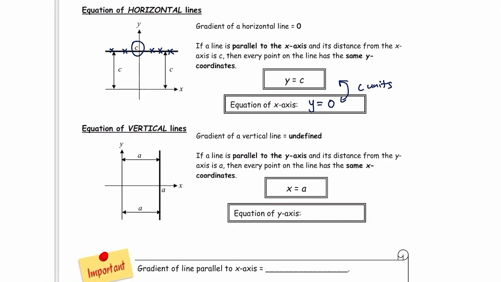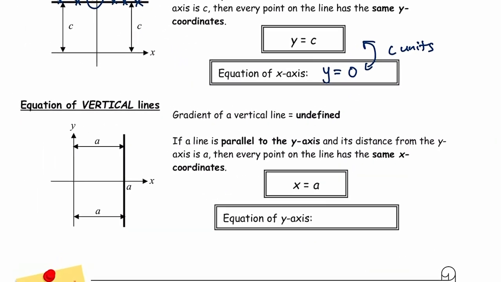Alright, and next we have also the equation of a vertical line. So you can extend your understanding of the previous part to this and say that, okay, now we have a vertical line whereby anywhere along this vertical line has the same x coordinate of a. So the defining thing about this line would be x equals a, right?